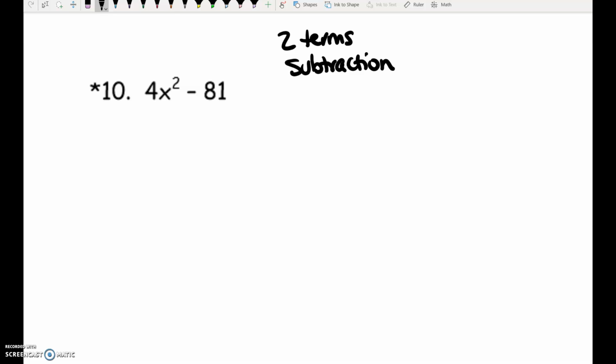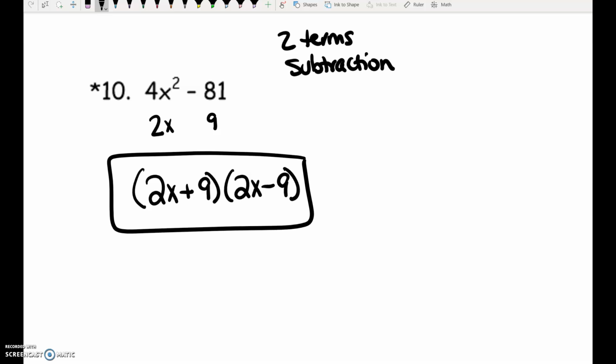What's the square root of 4? 2. And then the square root of x squared is x. What's the square root of 81? 9. So your answer, your factored form, is 2x plus 9, 2x minus 9. It's just like the difference of two squares from yesterday, but now there's a perfect square in front of the x squared as well.